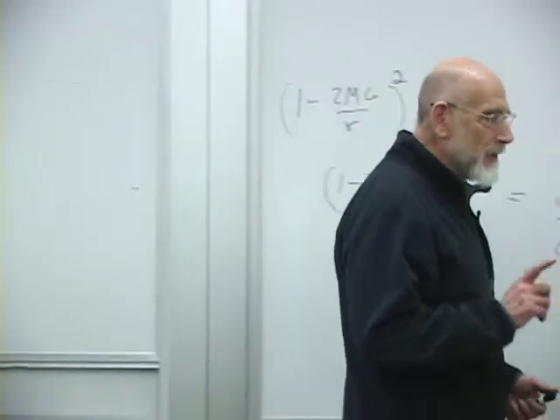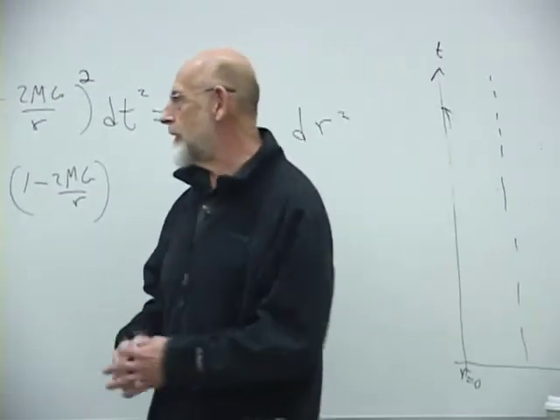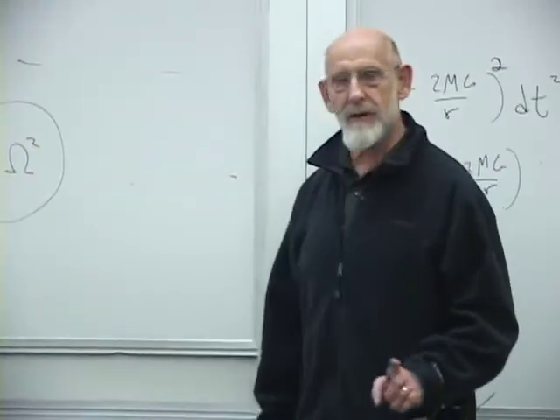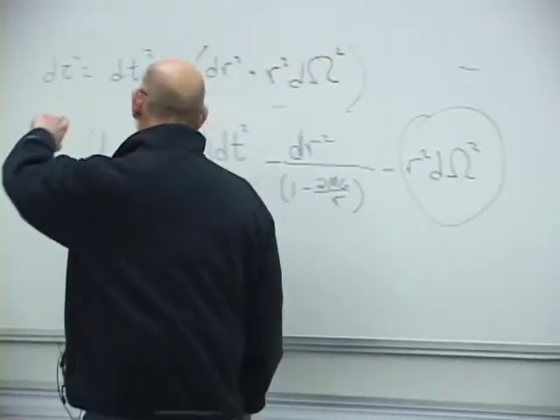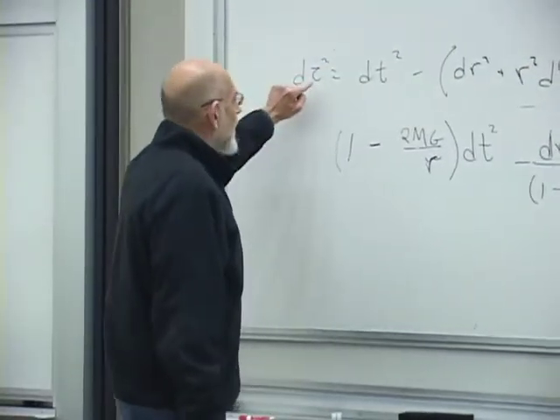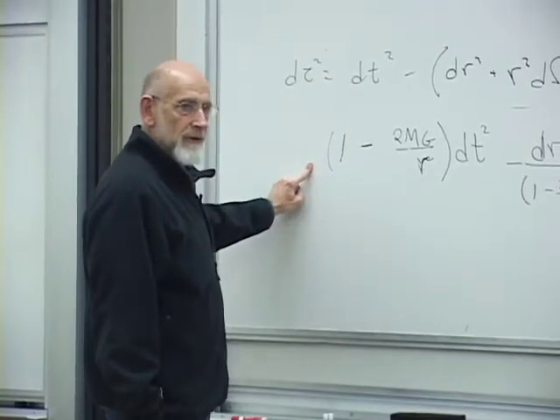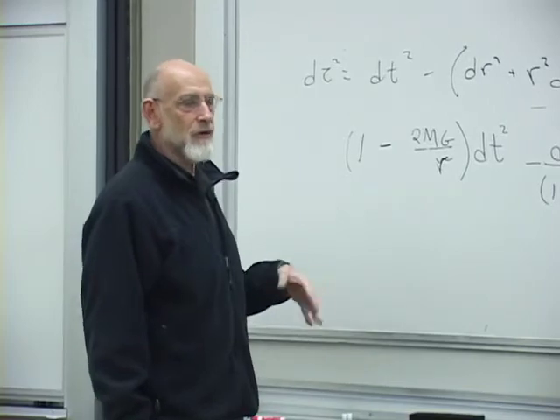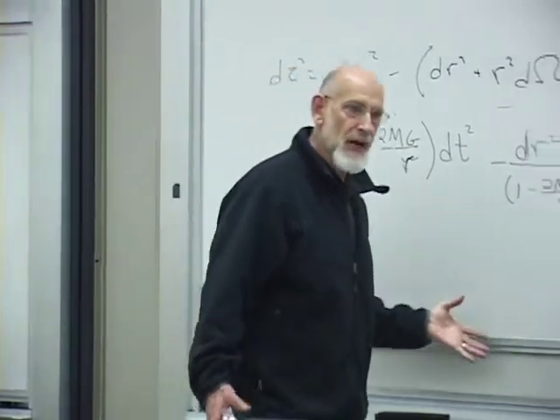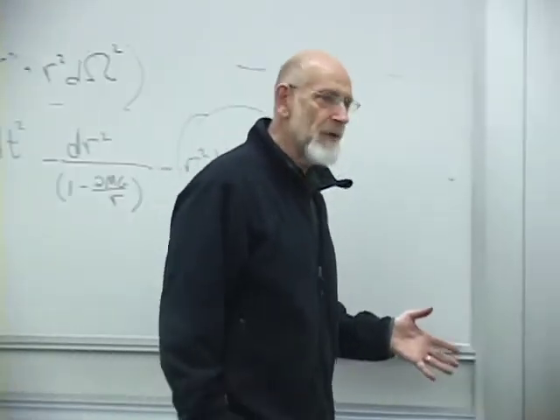But the real point is there's a universal statement about the speed of light, and it's that along a light ray, the proper time is 0. That is what replaces the statement that the speed of light is 3 times 10 to the 8th meters per second for all speeds of light.